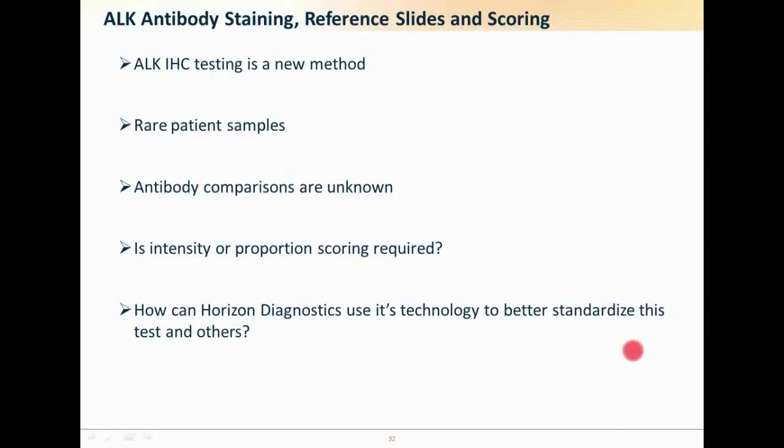For example, this is a completely theoretical example, but if we stay with the ALK story, maybe if you've got a 1+ score with ALK, you respond really well to crizotinib. If you have an ALK expression at a 3+, the response is poorer, so you don't respond as well, and maybe you don't respond at all.